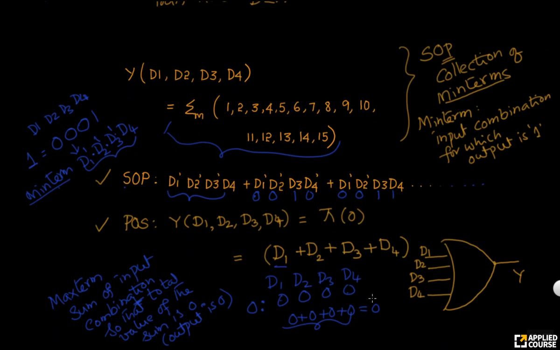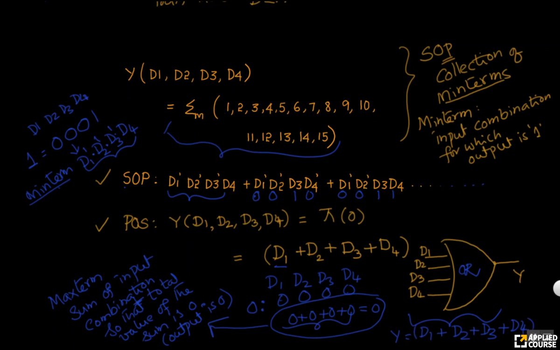So the total value of the sum must be equal to 0. If you consider this and use a gate, a simple OR gate is capable of providing the solution. And if I write it, Y equals D1 plus D2 plus D3 plus D4.